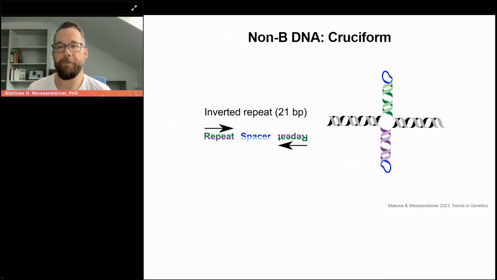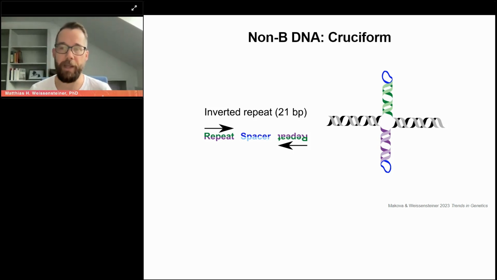Furthermore, we have cruciform structures, which have inverted repeats, so palindromic sequences underlying them. In this case, we also have 2 repeat arms with a space in between, but they're oriented towards each other in a reverse complement kind of way.